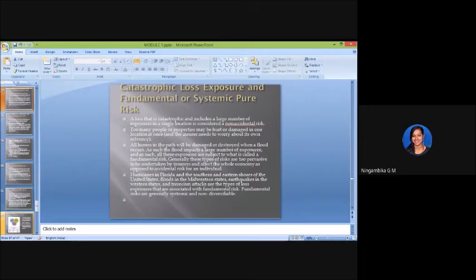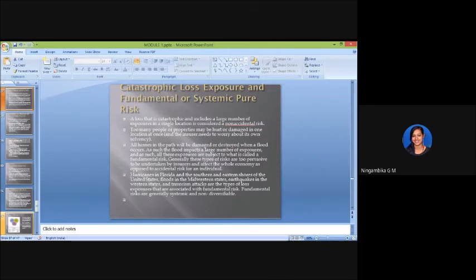All homes in the path will be damaged or destroyed when a flood occurs, so a flood impacts a large number of exposures. Such exposures are subject to what is called fundamental risk. Fundamental risk is something that happens due to natural calamities, again a series of buildings or something going wrong.